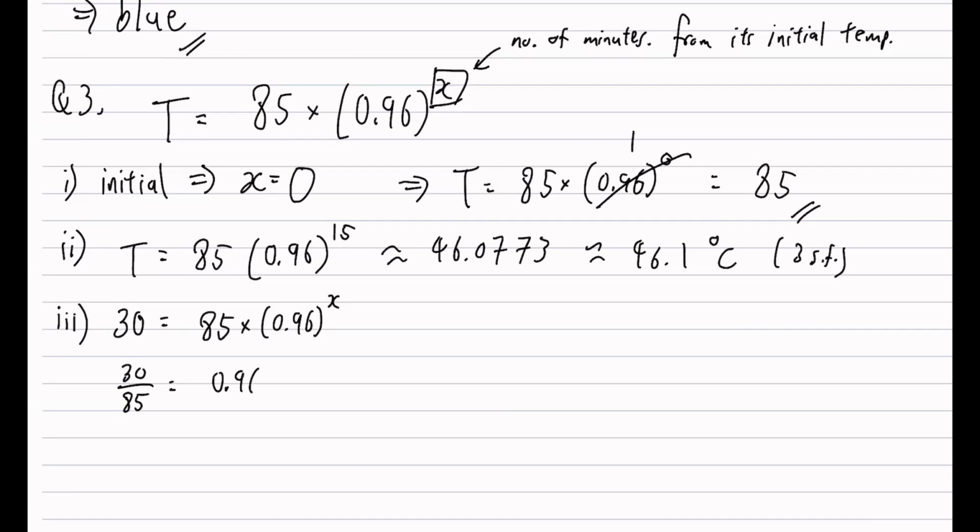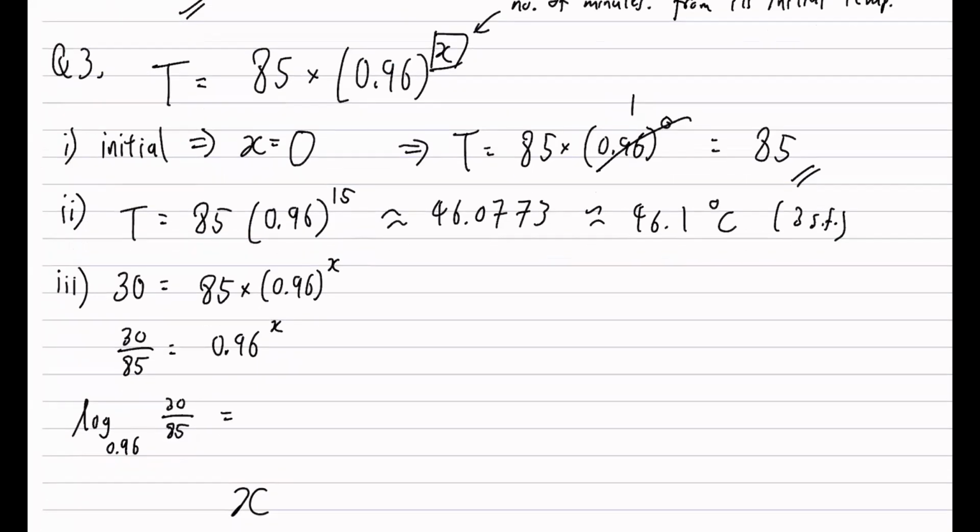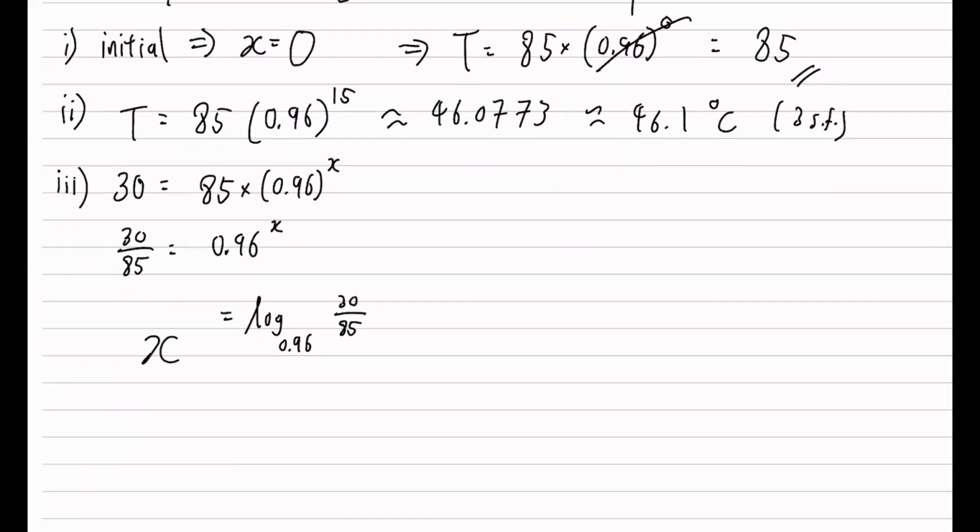Then log base 0.96 of 30 divided by 85 equals x. Yes. Then use change of base to base 10, then calculator. Yes, correct. So this will be LG, log base 10, of 30 over 85 divided by LG 0.96.